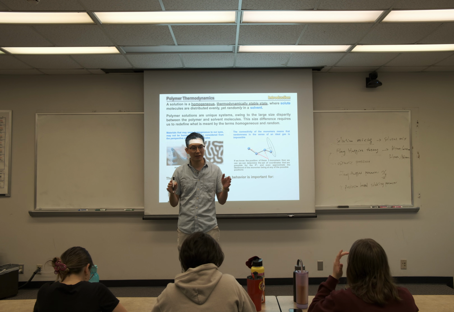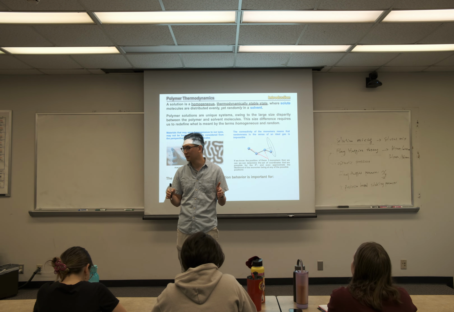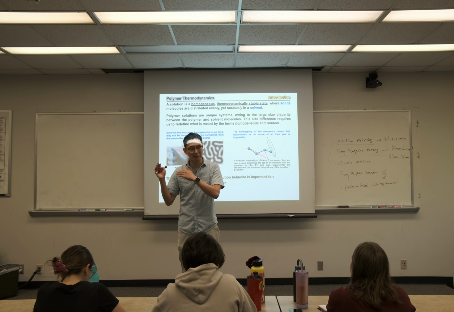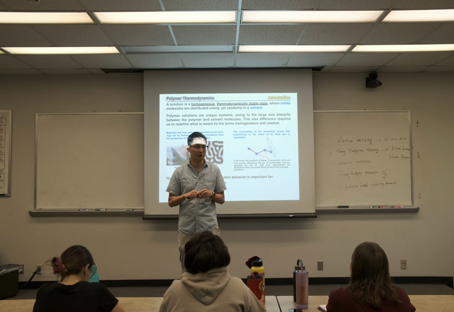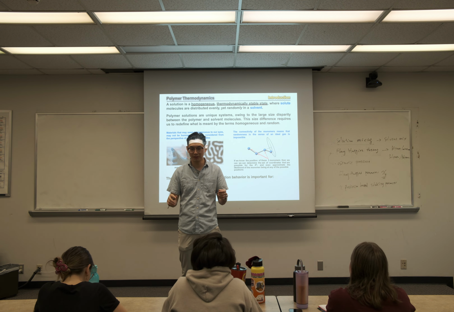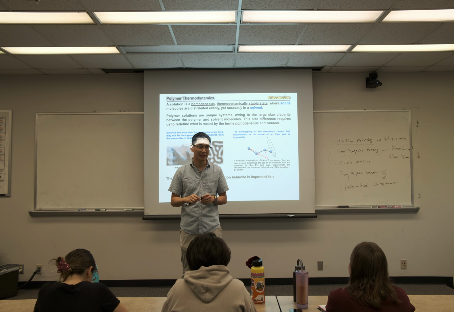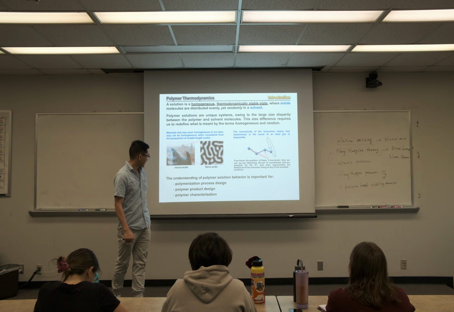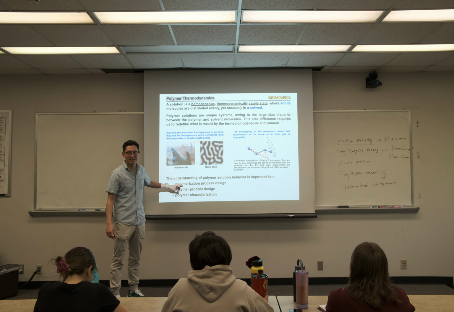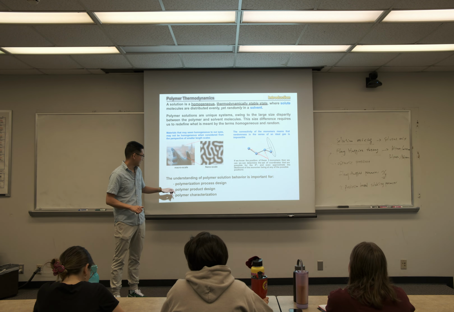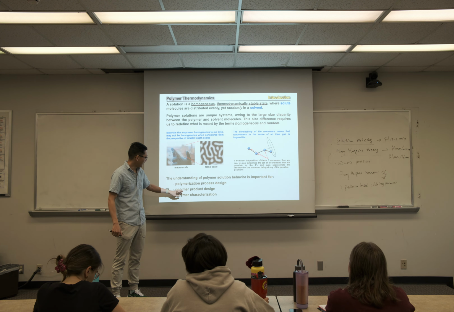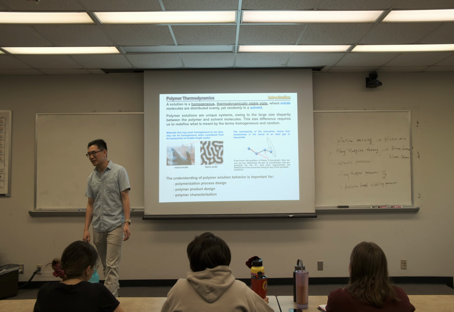At low molecular weight, a lot of polymers are soluble, but at high molecular weight, they actually refuse to stay in solution. They want to precipitate out. And we will explain why that's the case, and we will discuss how, based on this class, you can show the polymer chemist how to better optimize their polymerizing conditions. Polymer product design, of course, that makes sense.